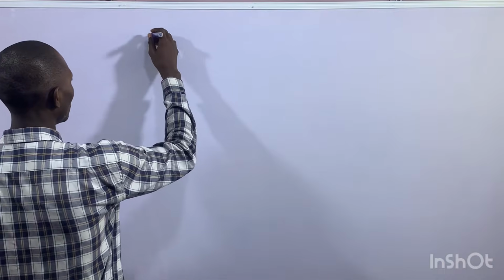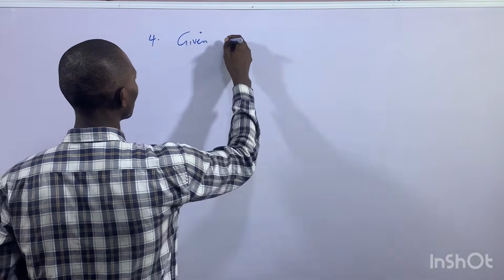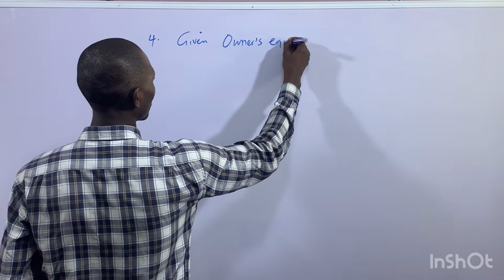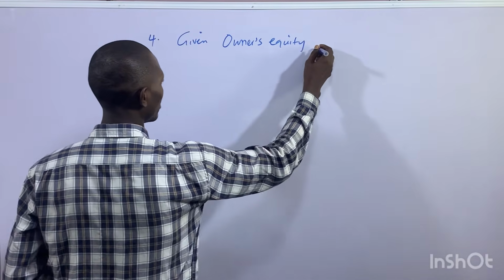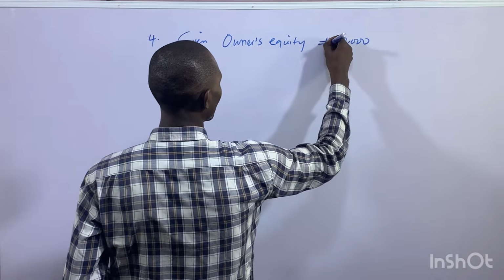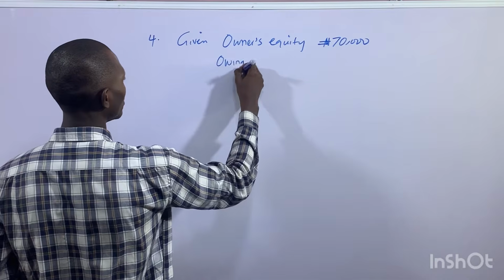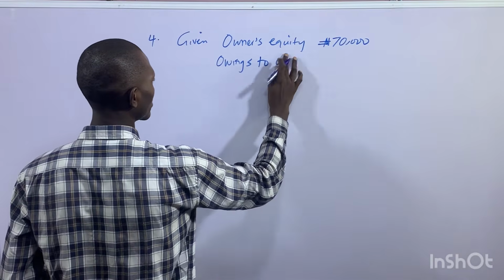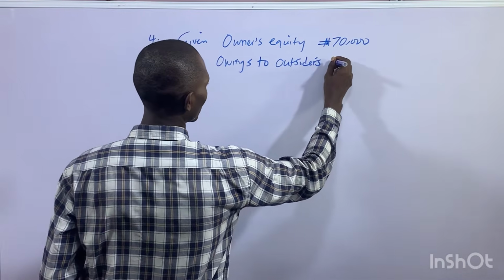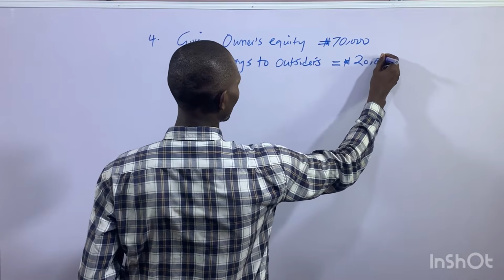So let's say illustration 4 now. Illustration 4, given owner's equity as 70,000. Then you have owings to outsiders as 20,000.